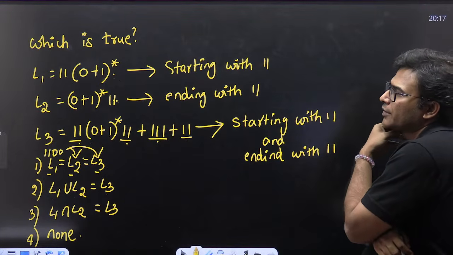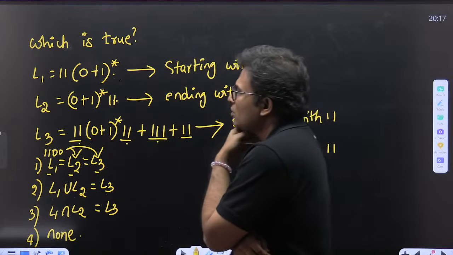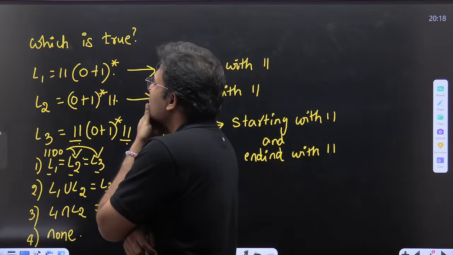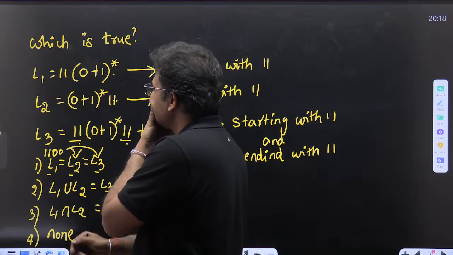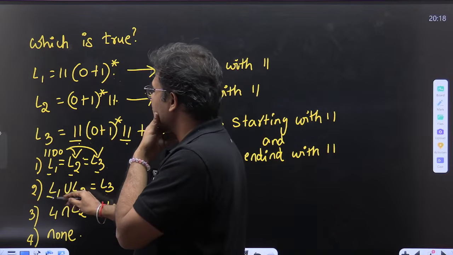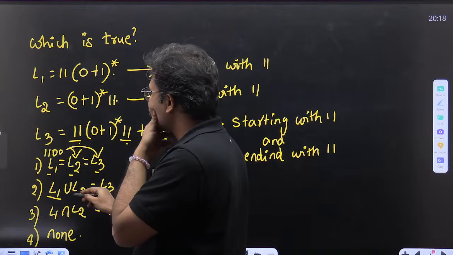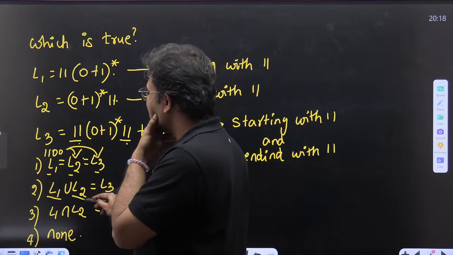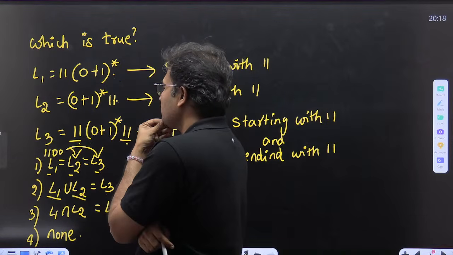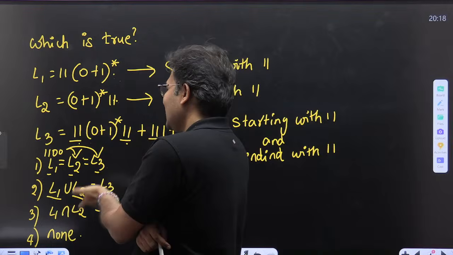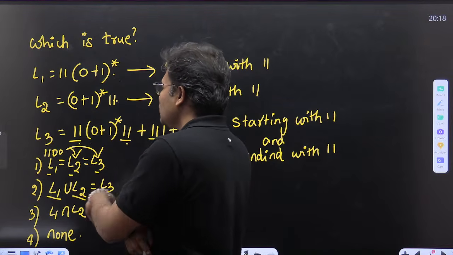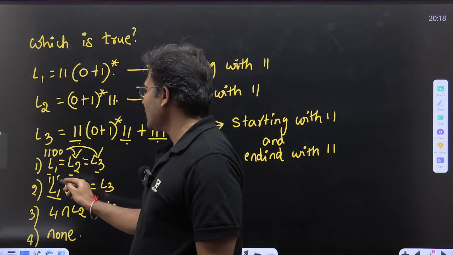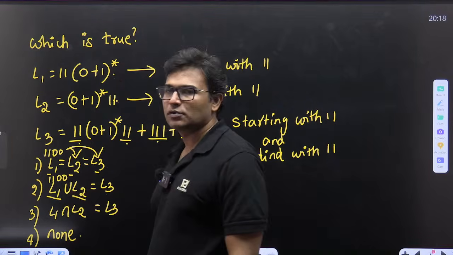How to solve it? See, this is starting with 11, union ending with 11. So in L1 union L2, in L1 I will have a string 1100.